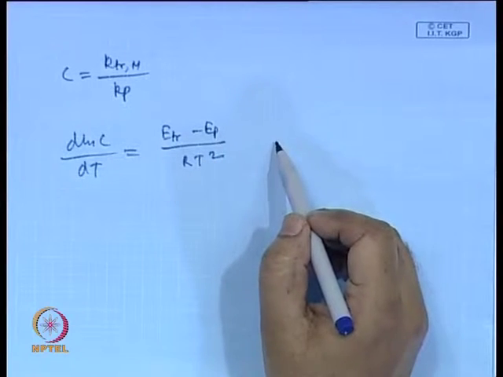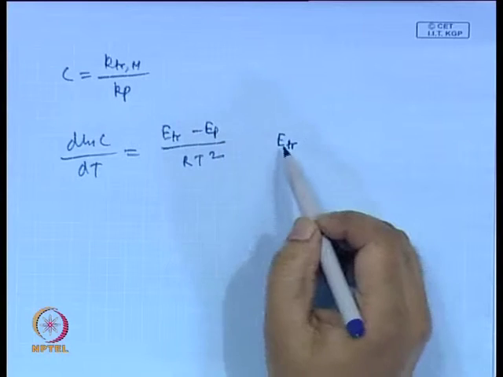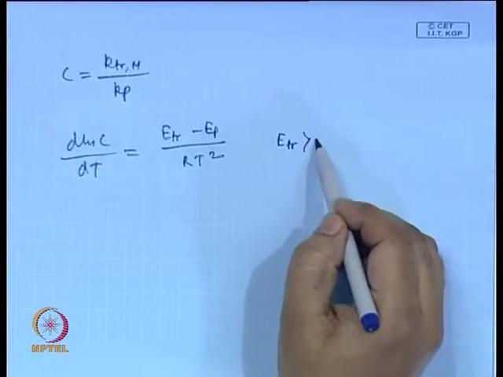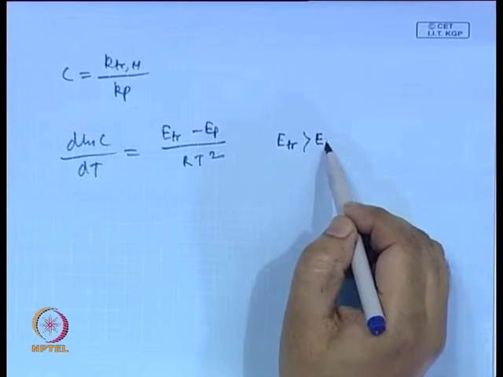Now, typically E transfer is higher than EP.